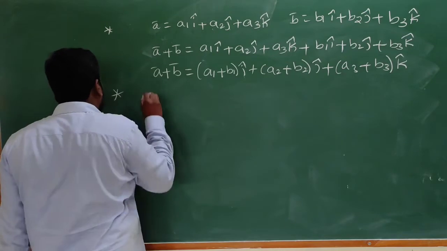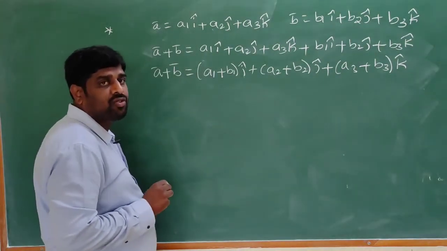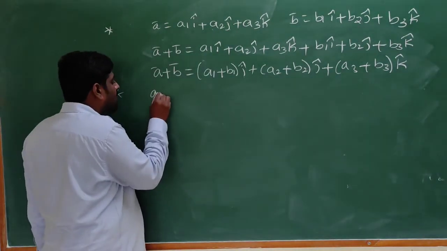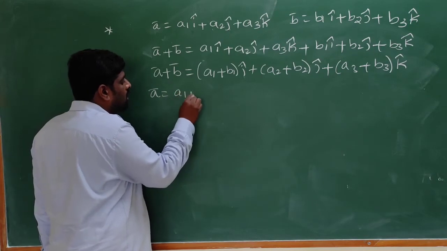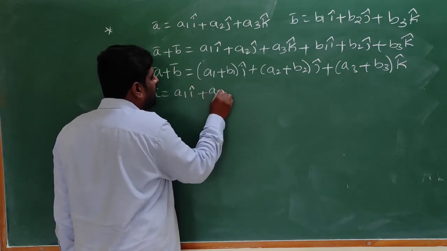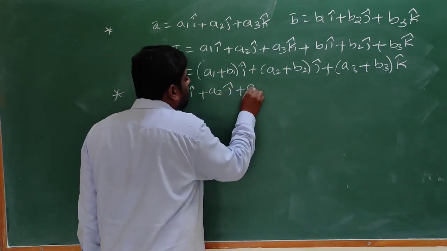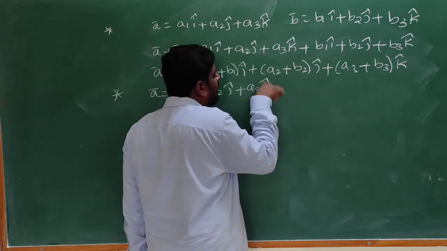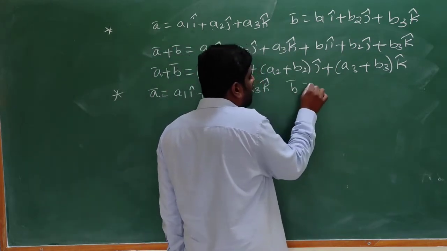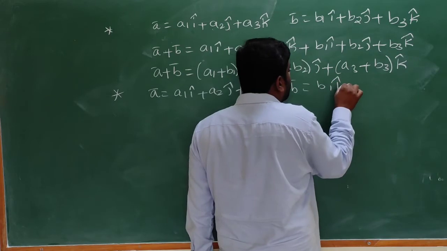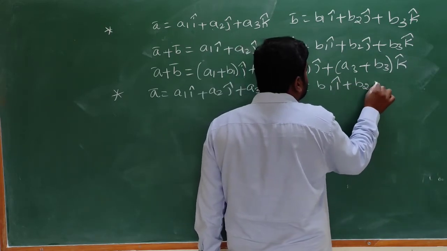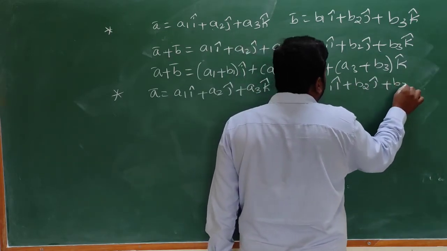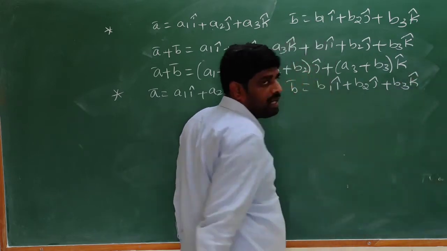Similarly, now I want to find the difference of two vectors. A bar is equal to A1 i cap plus A2 j cap plus A3 k cap. B bar is equal to B1 i cap plus B2 j cap plus B3 k cap.